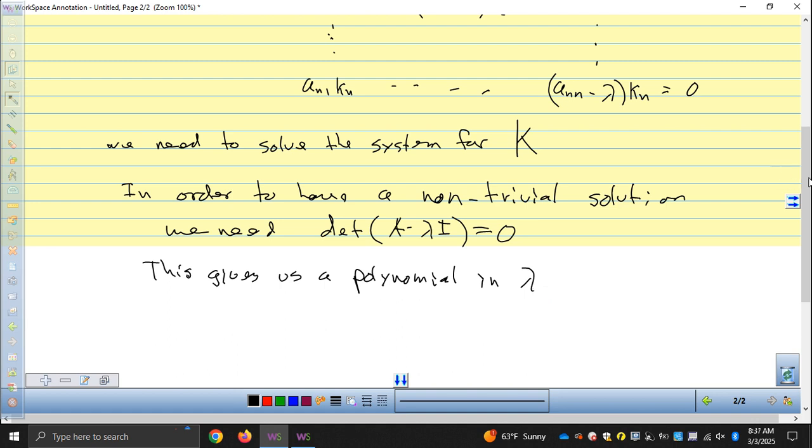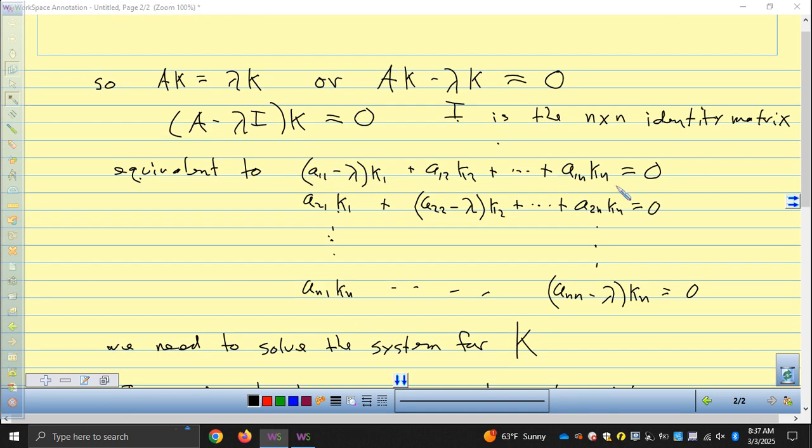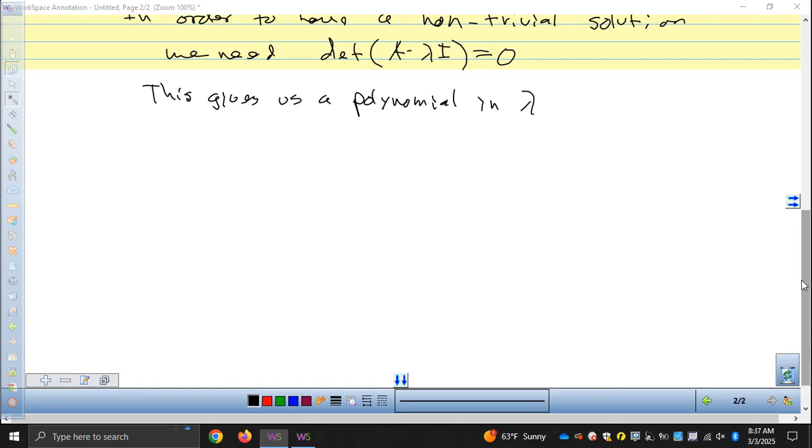And then we can substitute that value of lambda into this system of equations. Because our A's are known, we can substitute lambda into this system to solve for our K1, K2, K3, etc. This equation, determinant of A minus lambda I equals 0, is the characteristic equation of the matrix A.